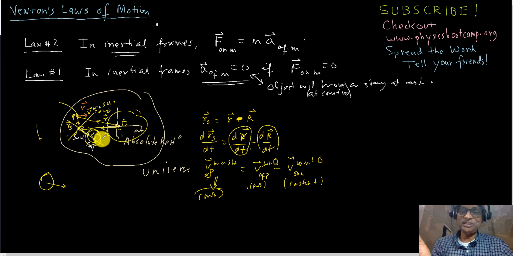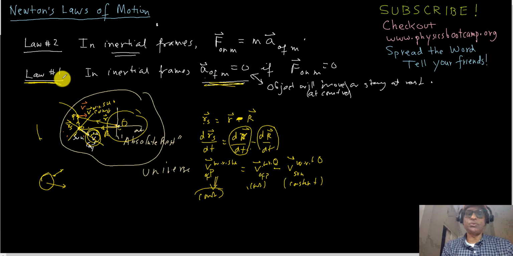It's not constant, but if you assume it's constant for the duration we do the experiment, then the same logic says that if this particle p is moving with respect to the earth that way and has no net force on it, this property of inertial frames is valid, right? In a sense, law 1 you can use to find inertial frames with this logic.